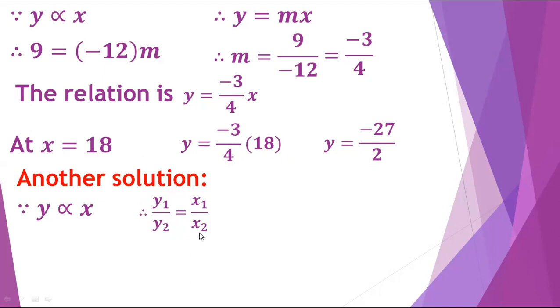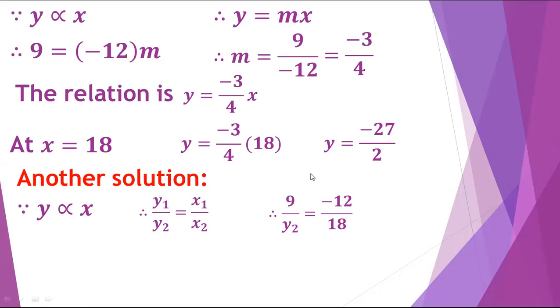y1 equals 9, divided by y2, equals x1 equals negative 12. He said that y equals 9 at x equals negative 12, divided by x2, 18. We wanted to find y when x equals 18.